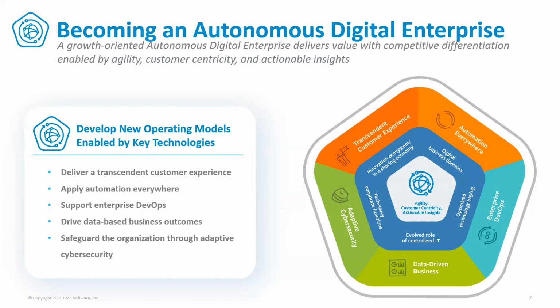You can see automation everywhere, enterprise DevOps, data-driven business, adaptive cybersecurity, and last but not least, with a combination of all these, providing a transcendent customer experience to your customers. And similarly, us providing that experience to you, because you, as our customers, would require that.